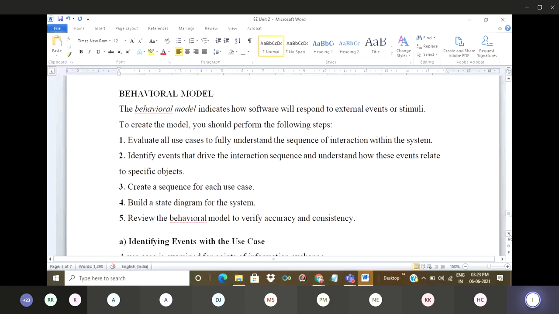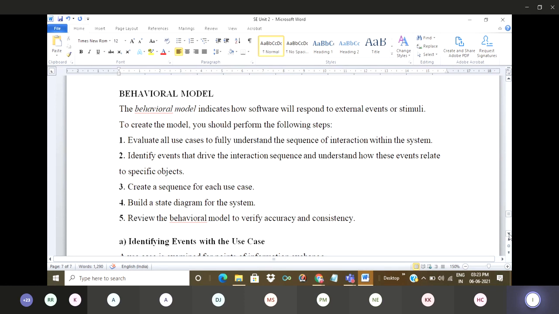Next title is the behavioral model, which indicates how software will respond to external events or stimuli. To create the model, you should perform the following steps.